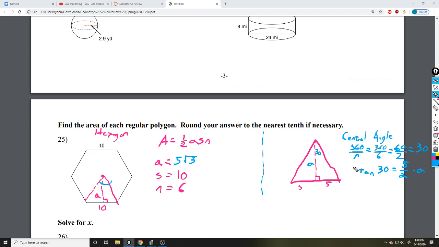So we're going to multiply to get rid of the fraction. I'm going to go through this quickly because we did a bunch of trig earlier. And so we have a times a number, so we're going to divide by that number.